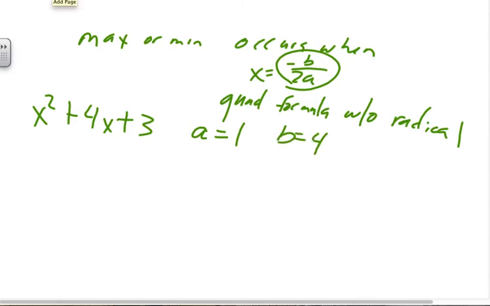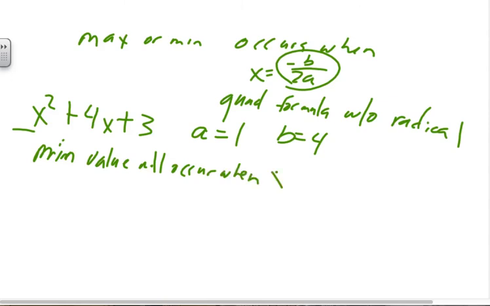So I plug it back in, and my maximum value now, or excuse me, my minimum value, because A is positive, will occur when x equals, and now I plug my points in, so I'm going to get negative 4 over 2 times 1, which gives me negative 2. So my minimum value will occur when x equals negative 2.